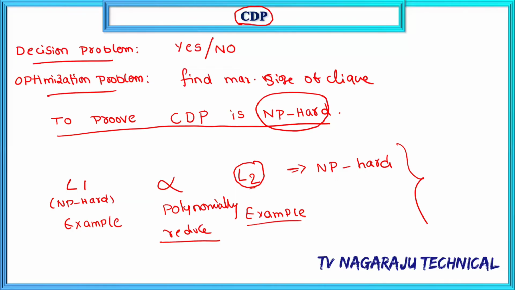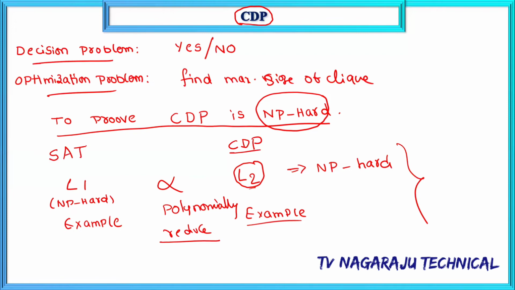Now coming to our question, here what is L2? Simply our CDP is L2. That is, your aim is you need to prove clique decision problem is NP hard. So to prove this, you need to know any known NP hard problem. I already know SAT.